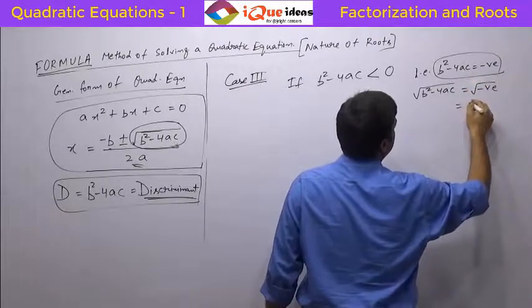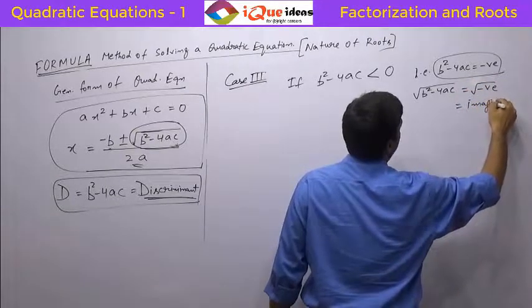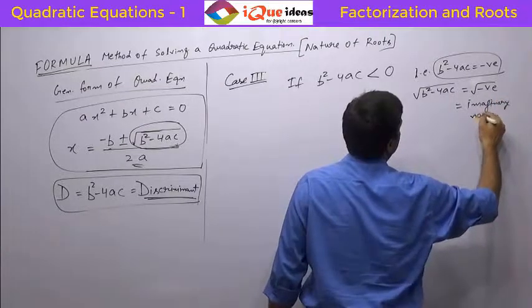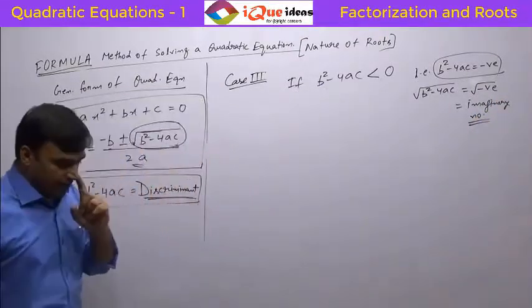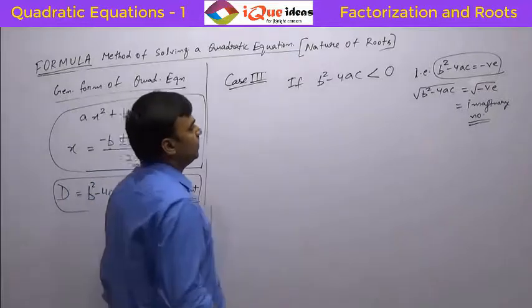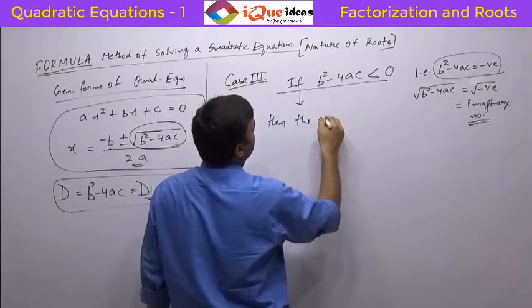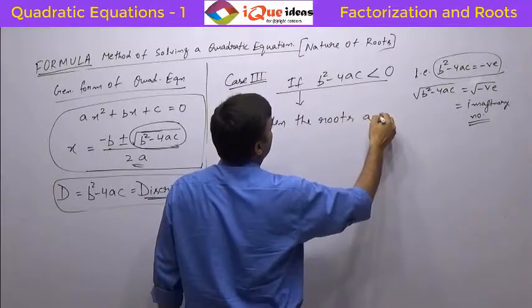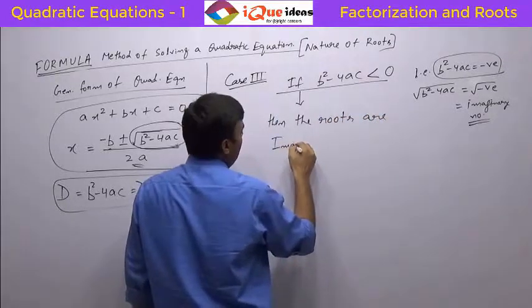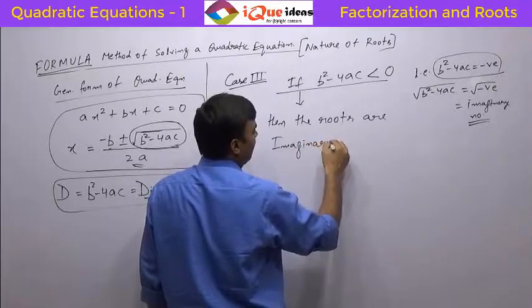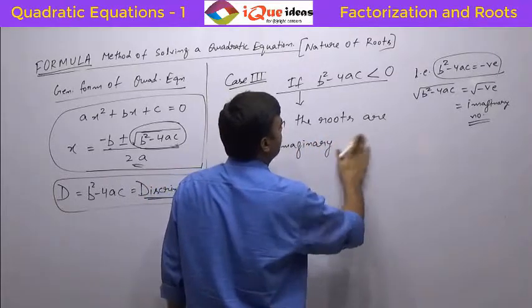Now square root of a negative number is an imaginary number. Alright, imaginary number. That's it. This means that in this case we can say that the roots are imaginary. And here also, whenever the roots are imaginary, they are conjugate.